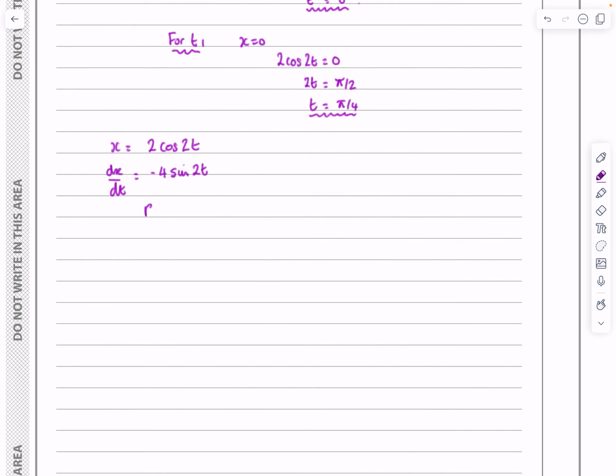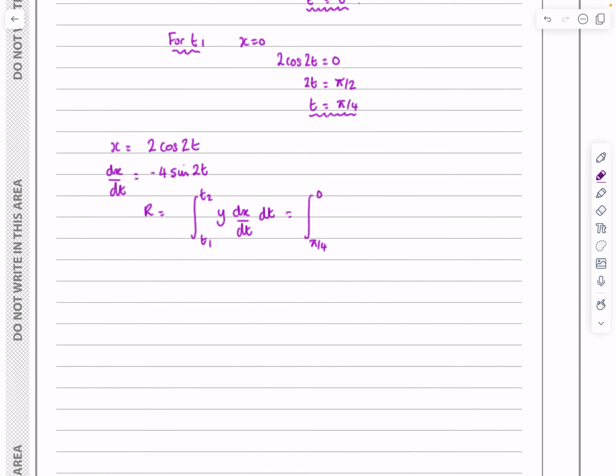So what did I say? I said that R was going to be equal to the integral between t2 and t1 of y dx/dt dt, and I can now substitute values in here. So I've got t2 was 0, t1 is pi over 4.